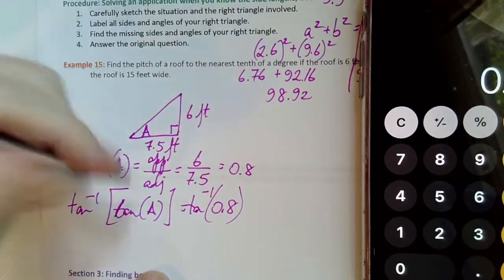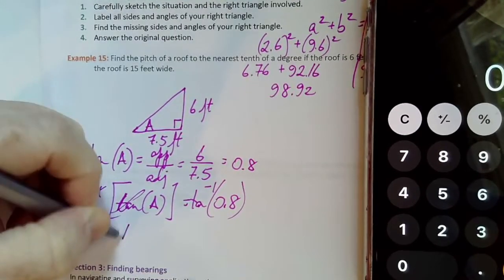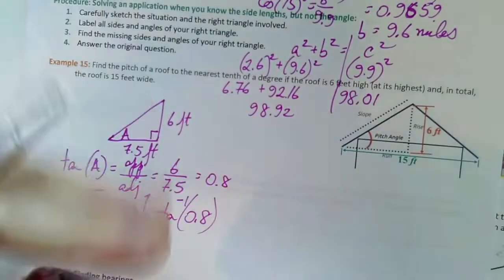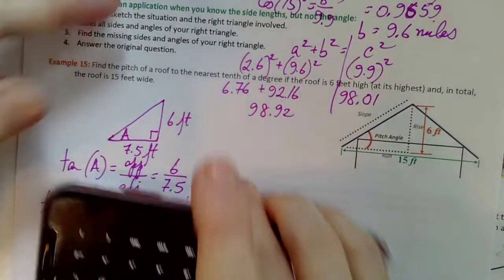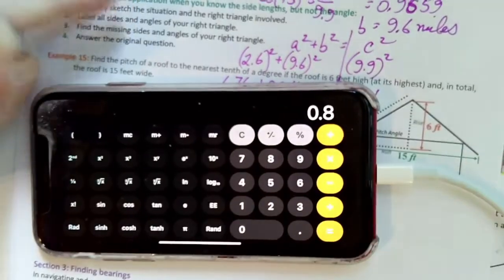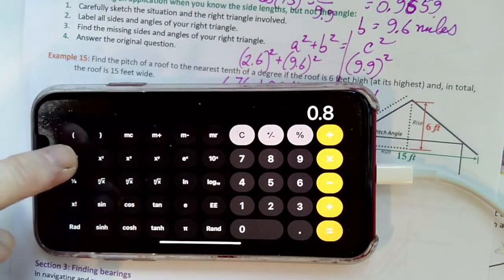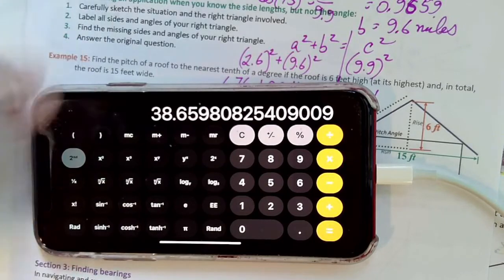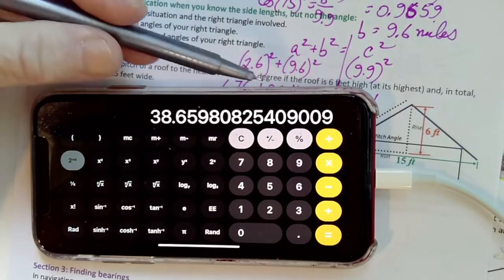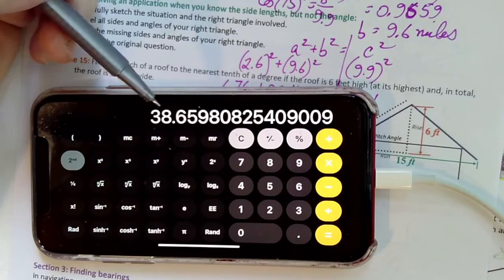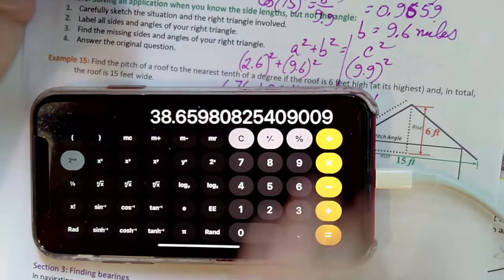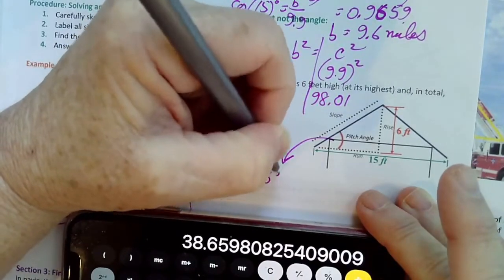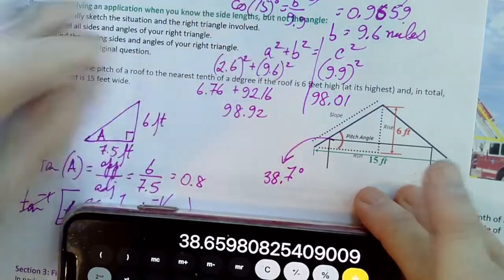On the left, the inverse tangent and the tangent cancel, and we're left with A. And on the right, I've got my 0.8, and I want to take the inverse tangent, so I'm going to tap on second, inverse tangent. And now I see that my angle is going to be, they said to the 10th of a degree, 38.7 degrees.